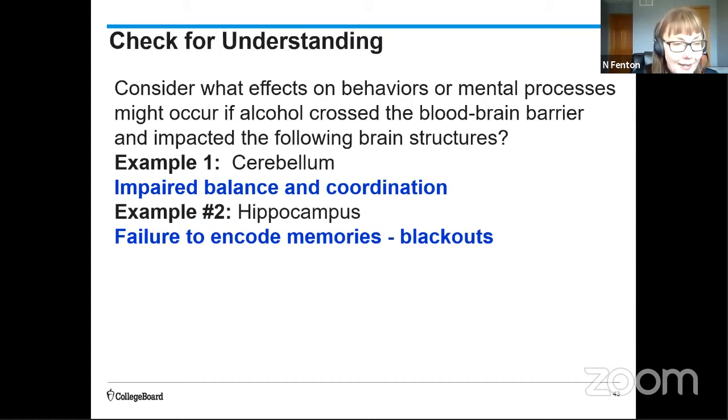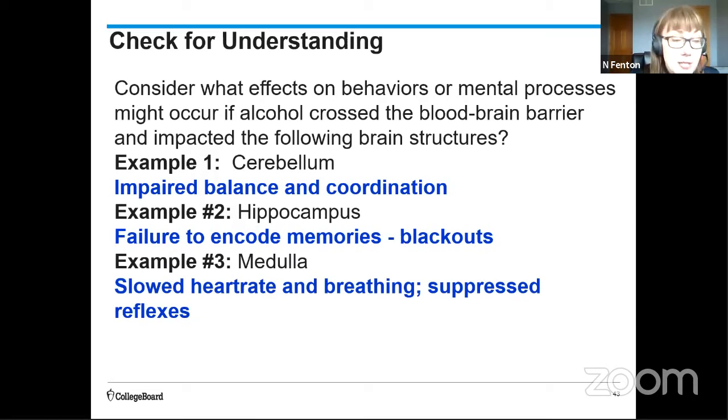If you think about the hippocampus, it encodes new memories. So if the hippocampus is depressed by a drug like alcohol, then that individual might not actually encode those memories. They might not be sent to the frontal lobe for storage. And that might explain blackouts.